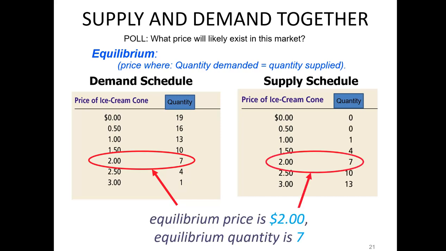Because that is the price at which the amount of ice cream cones that people want to buy is the same as the amount of ice cream cones that companies, producers, sellers want to sell. And that is basically equilibrium.